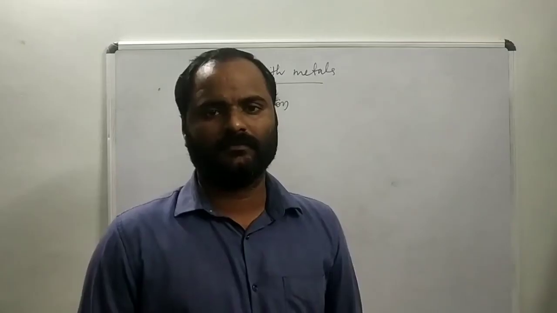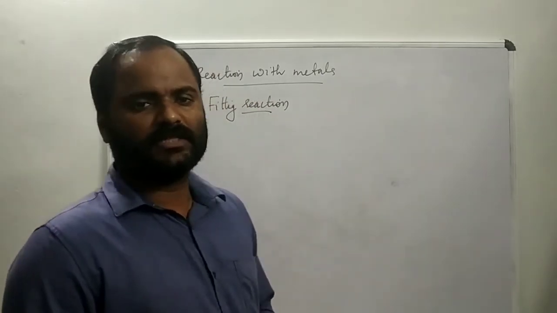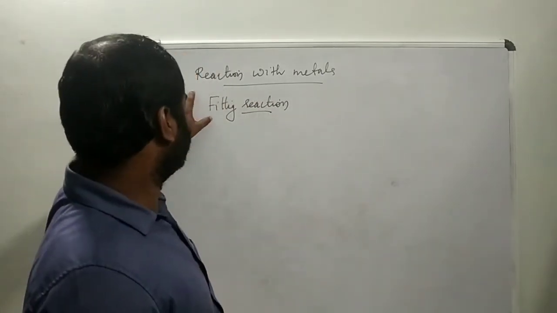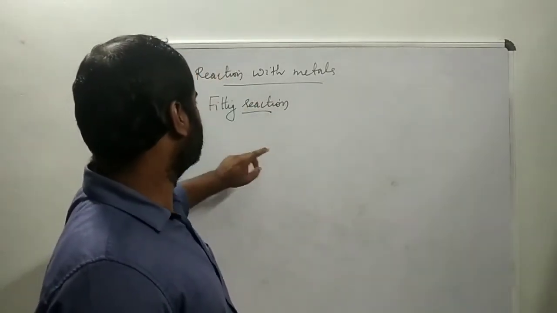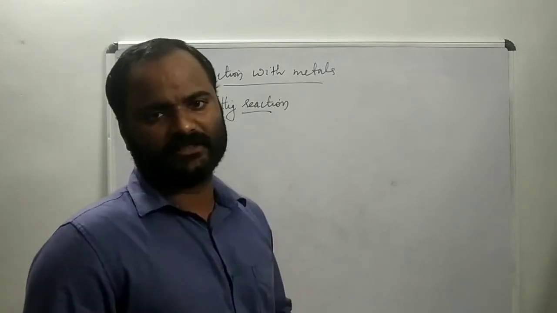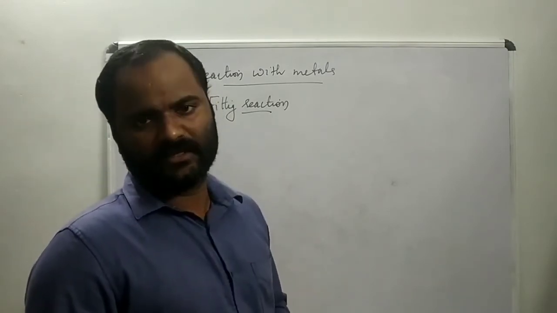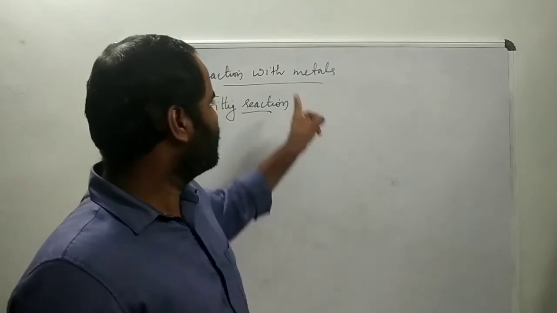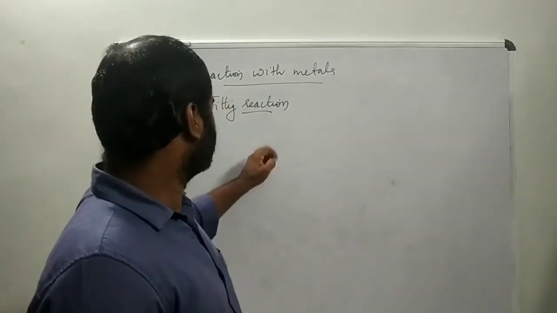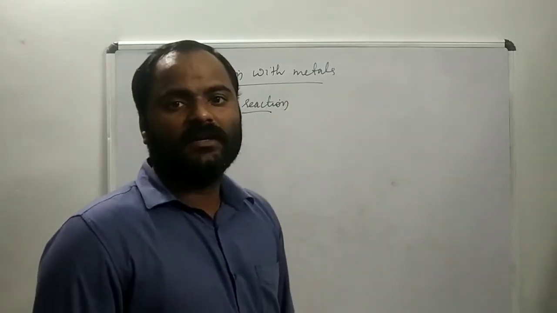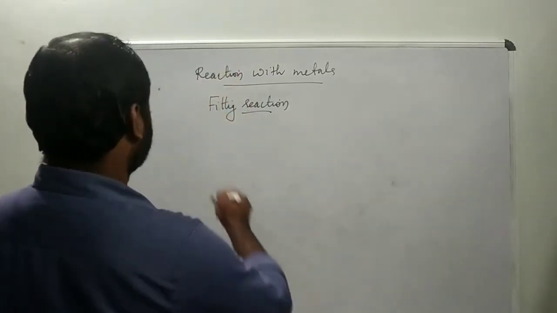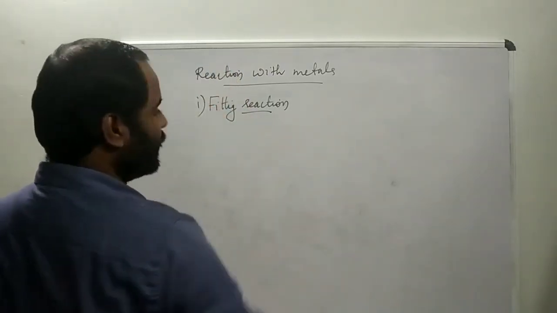So the next reaction we discuss is reaction with metals. Haloarenes react with metals, and we get two different reactions. First one, the Fittig reaction. This is a very important name reaction.